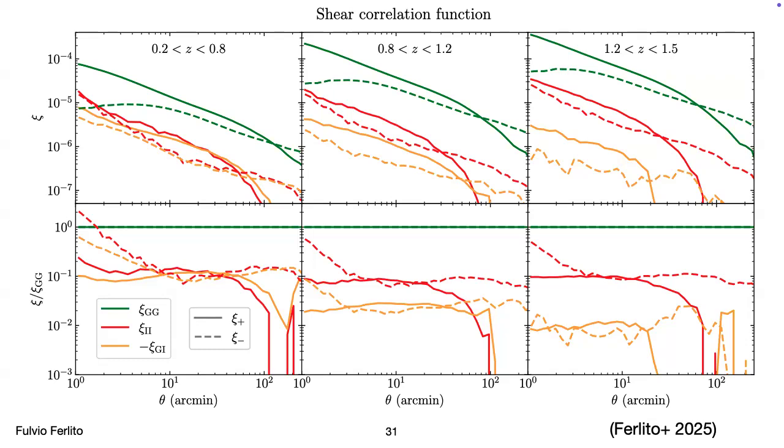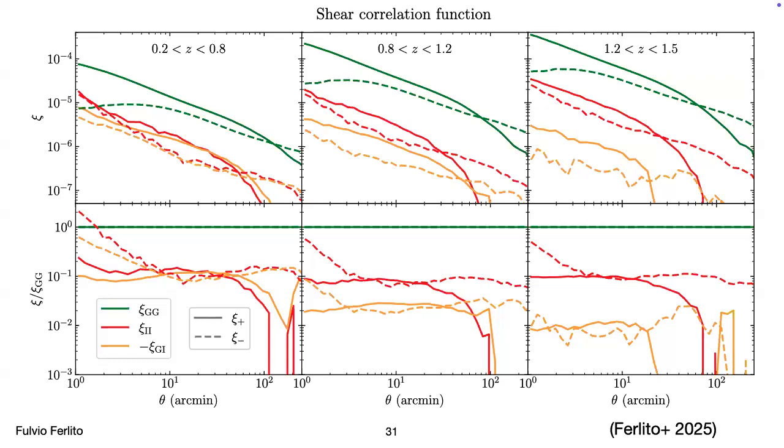Then we have in red the intrinsic autocorrelation, and the negative, with a flipped sign, because I convinced you earlier that these 2 quantities are anti-correlated, of the cross correlation, gravitational and intrinsic. We can see that these quantities are non-negligible, approximately 10%, for example, in the lowest redshift bin, but they also change a lot with redshift.